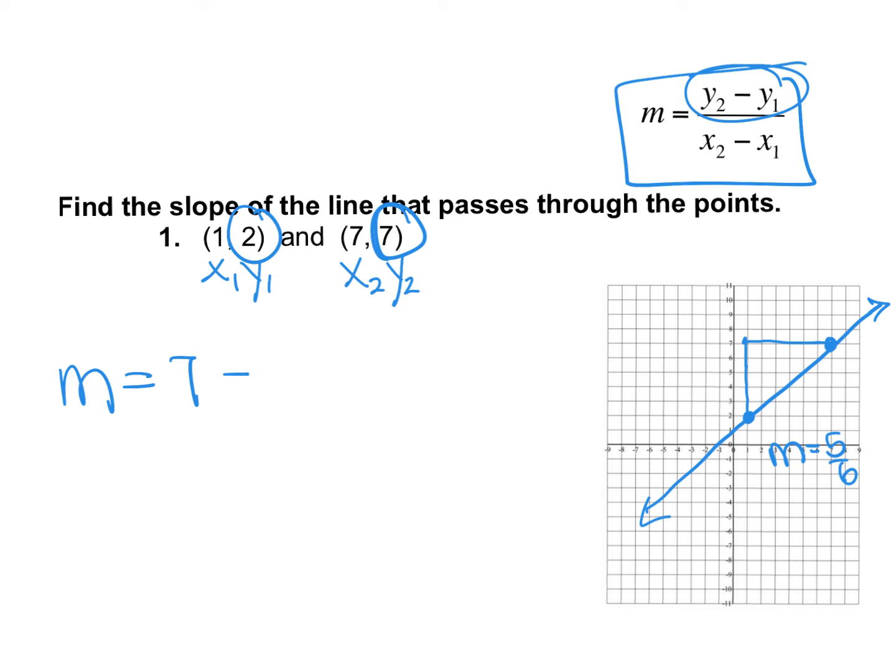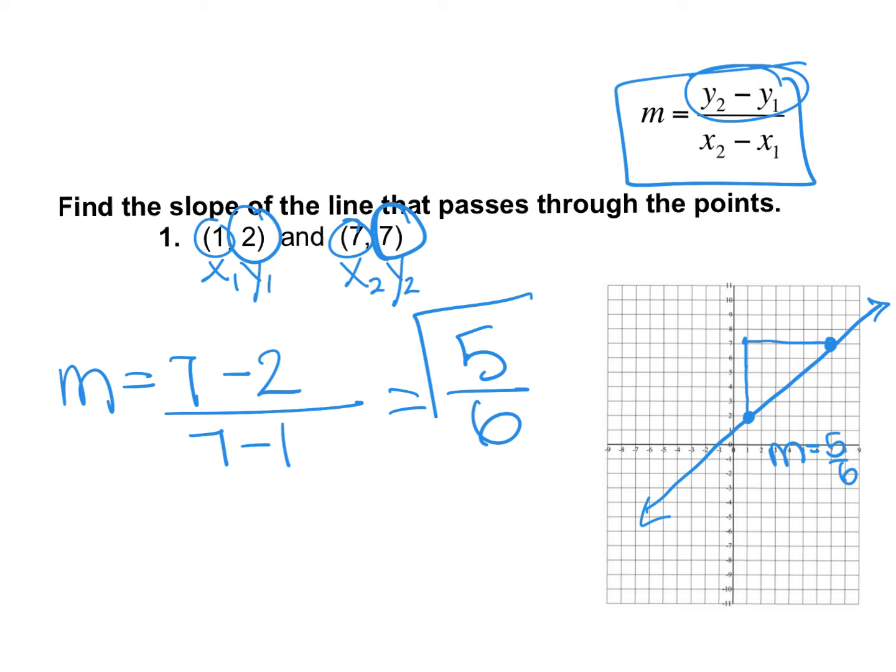So I'm going to take 7 minus 2, and that's going to go all over my x of 2, which is 7, minus 1. It's that change in the y all over the change in the x. And so 7 minus 2 is 5, and then 7 minus 1 is 6. And notice how we have the same slope here. I just demonstrated it using the 2 points on the graph, and then also using the formula.